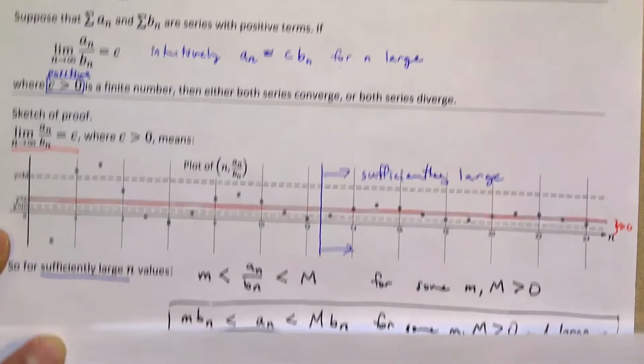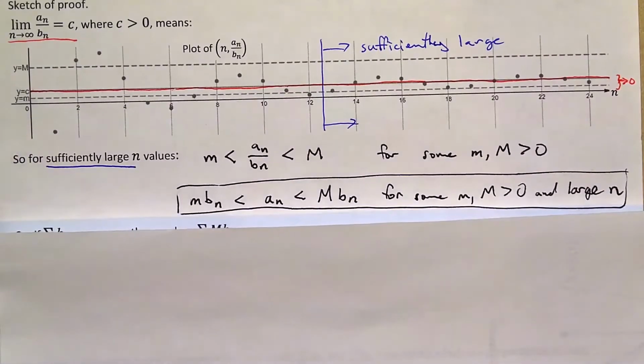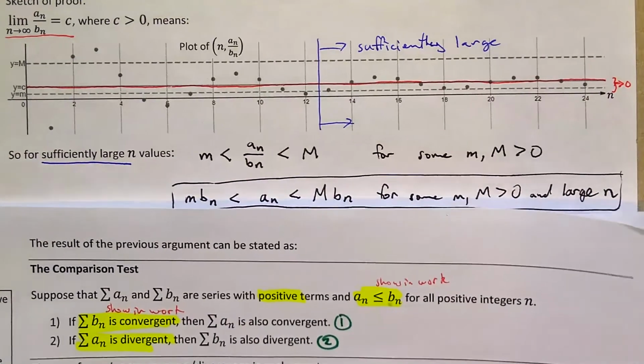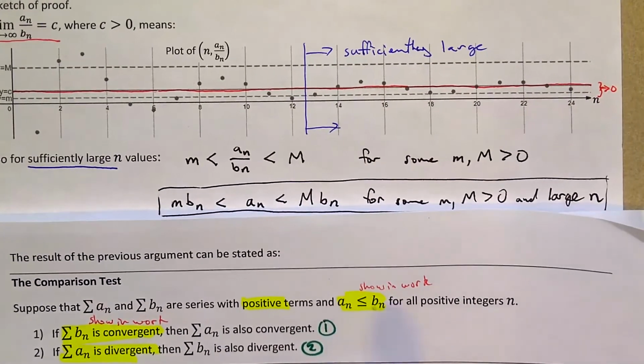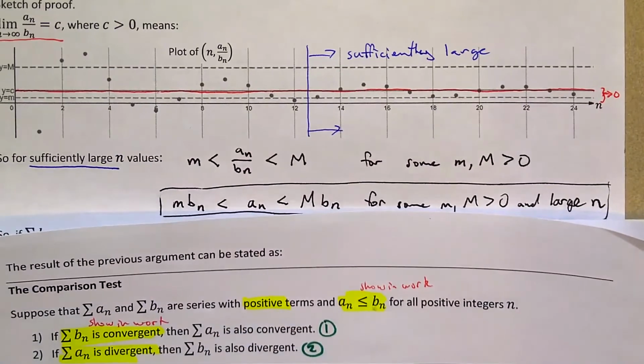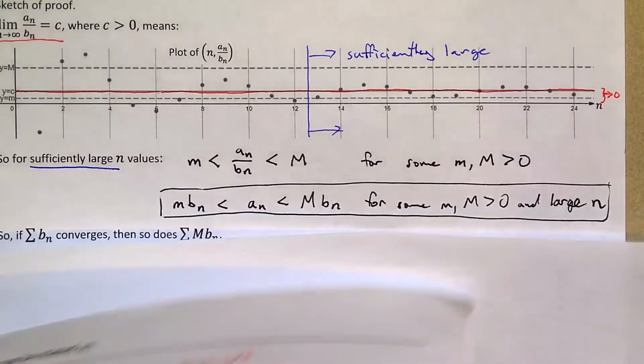And take a look at what we have there. This is actually the exact sort of setup that we need to be able to apply the comparison test. So that's all we're going to do.